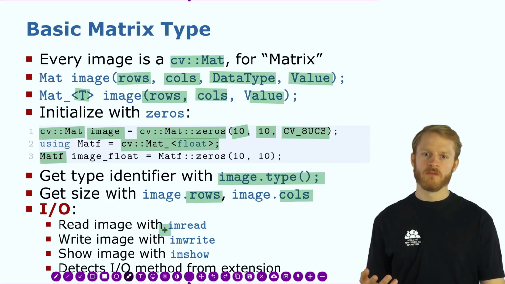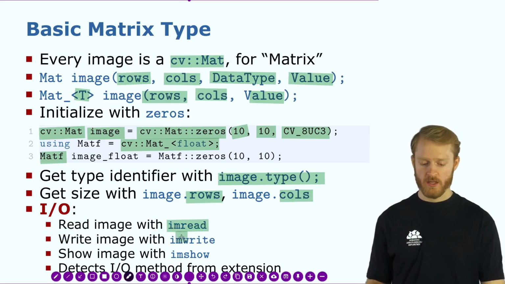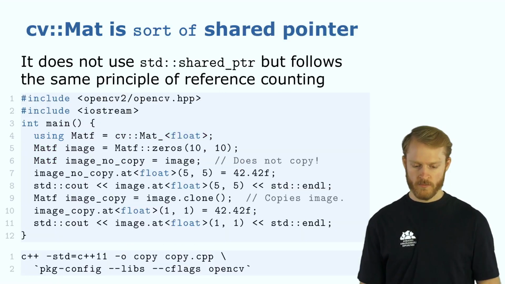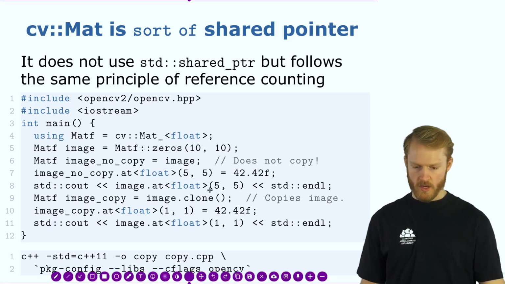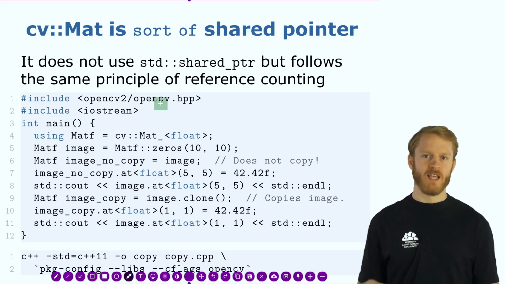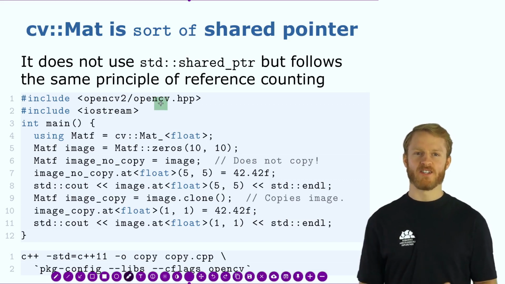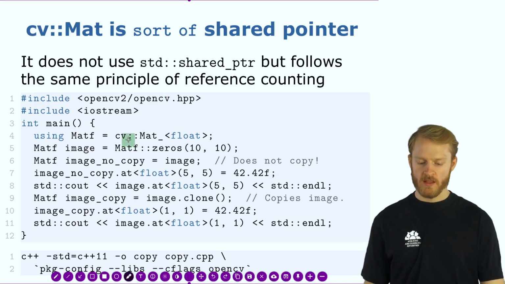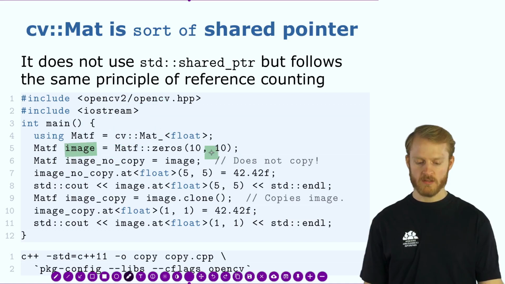The most common functions that you will use are imread to read, imwrite to write, and imshow. Something that you should be aware of is that the cv::Mat is implemented as somehow a shared pointer, which we will cover in following lectures. But the most important thing is, for example, here we are creating this image, which is a matrix of zeros.